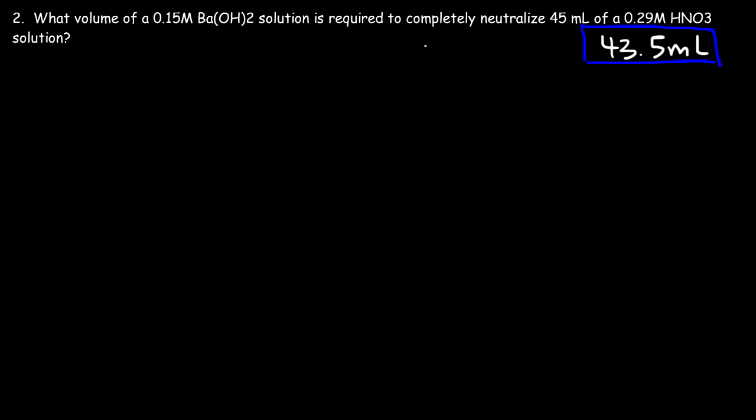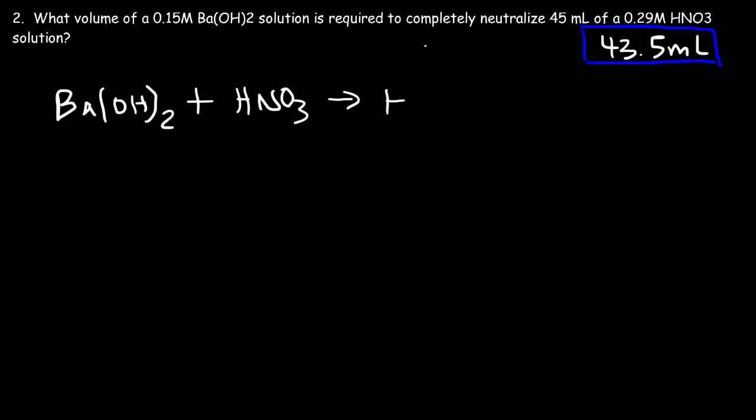The first thing we need to do is write a balanced chemical equation. So barium hydroxide reacts with nitric acid. Now when H and OH get together, it's going to produce water, as always. Now what about when barium pairs up with nitrate?